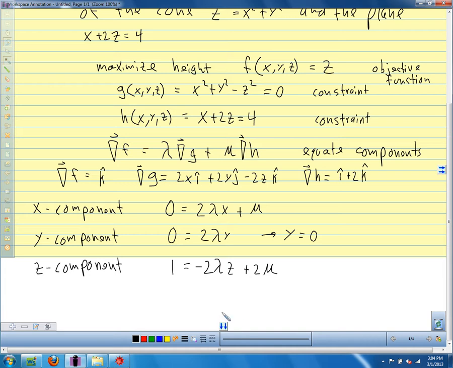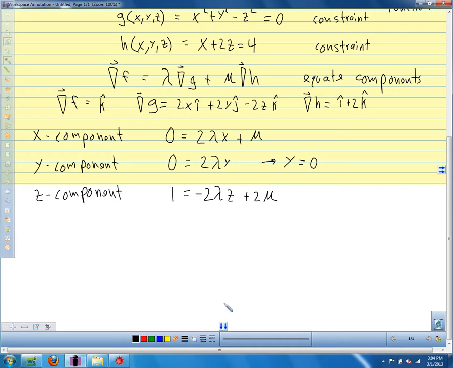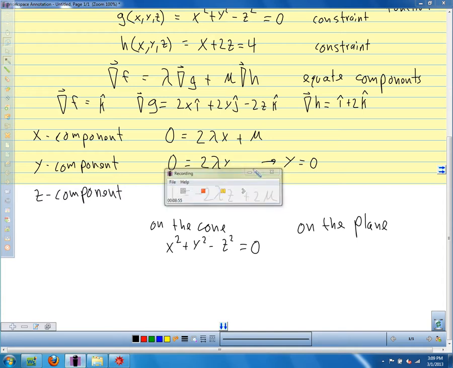All right, so what we're going to do from here is that we know that on the cone, x squared plus y squared minus z squared equals 0. And on the plane, we have x plus 2z equals 4.